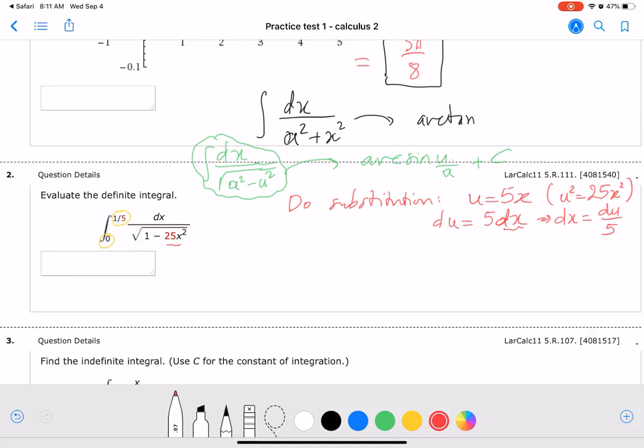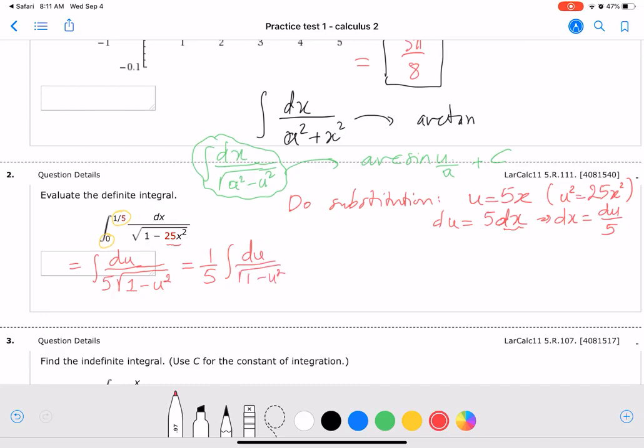I will ignore the integration limits in here, I just write the indefinite integral. dx is du over 5, and then we have the square root of 1 minus u squared. So that is 1/5 times the integral of du over the square root of 1 minus u squared.